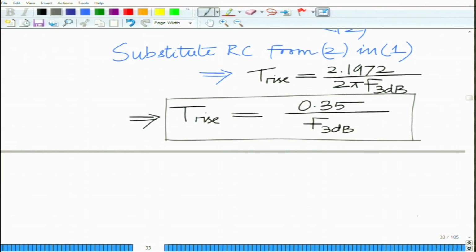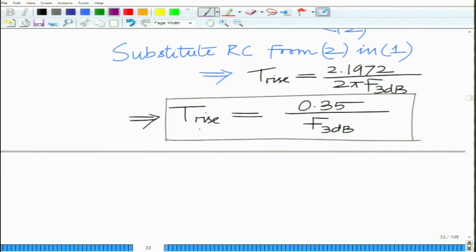What this tells us is that the rise time is inversely proportional to the 3 dB frequency, which means if the 3 dB frequency is large, that is, the filter has a large bandwidth, the rise time is much smaller. On the other hand, if the 3 dB frequency is small, that is, the filter has a very small bandwidth, the rise time is much larger.